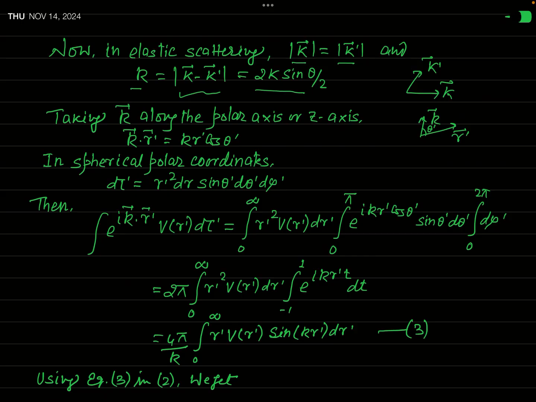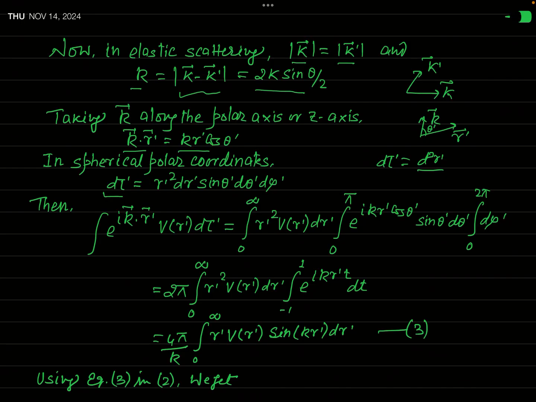In that condition, kappa dot r dash will be kappa r dash cos theta dash, and the volume element d tau dash, which is also written as d3 r dash, is given by r dash square dr dash sin theta dash d theta dash d phi dash. Here you can also take r theta phi without writing the dash symbol. We can use this result.